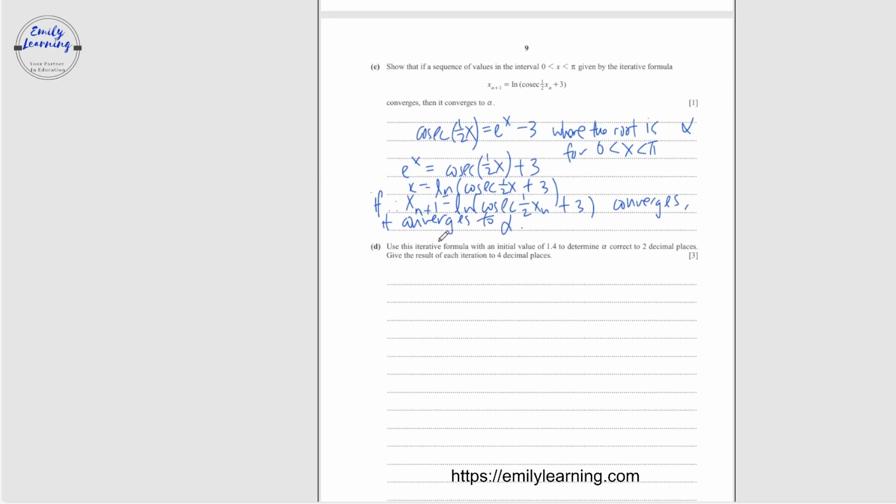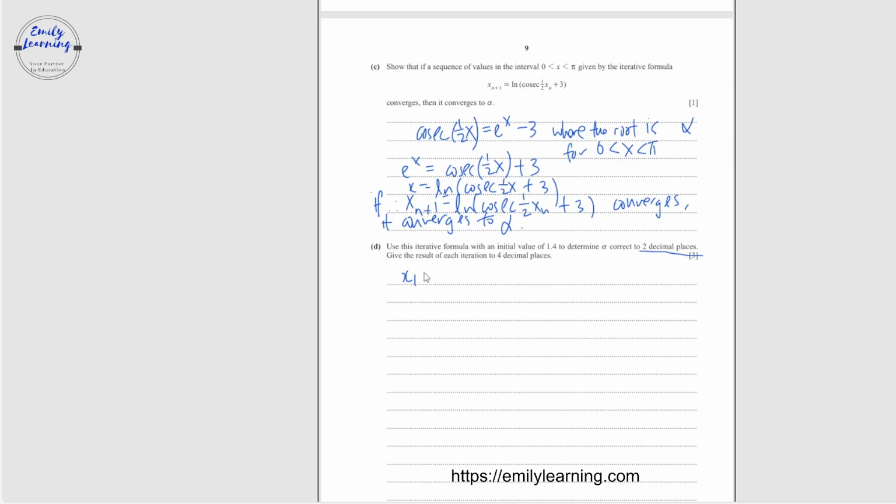Next, they want us to use this iterative formula with an initial value of 1.4 to determine alpha correct to 2 decimal places. Give the results of each iteration to 4 decimal places. So we will keep doing the iteration until, when we round off to 2 decimal places, the value is the same.